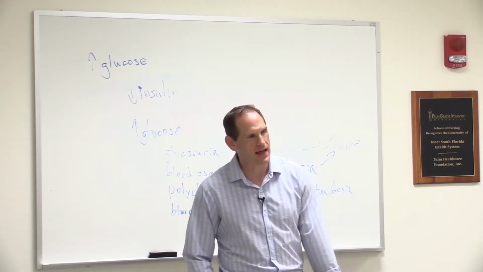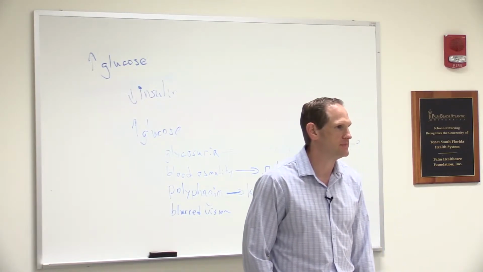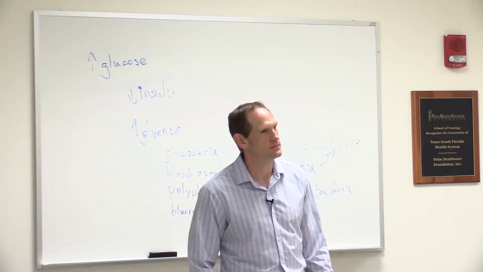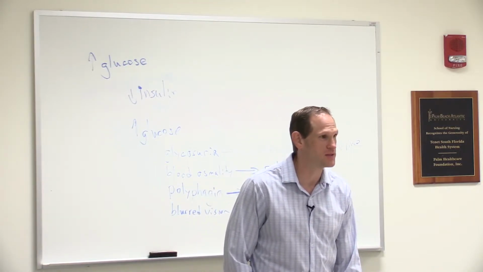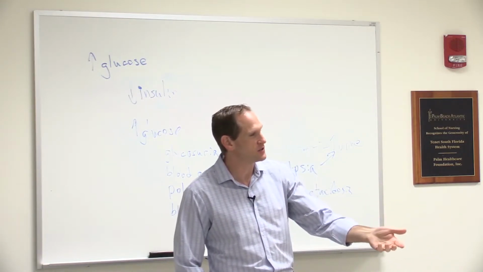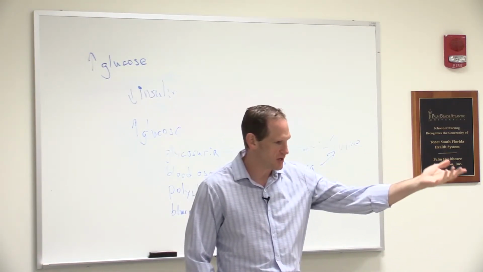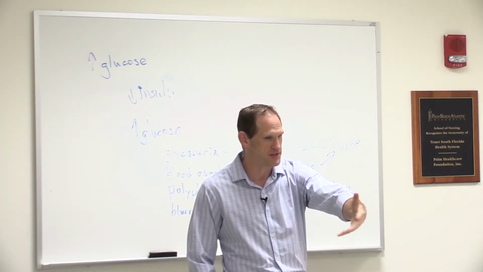Now, what would you expect potassium to be? You expect it to be high because it's acidosis. And in acidosis, your body tries to exchange potassium for hydrogen ions.